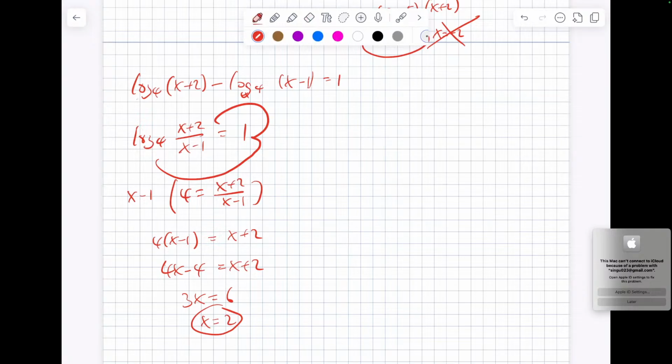Now to give you one that's kind of tricky. The next one is ln of the square root of x plus 3 equal to 1.